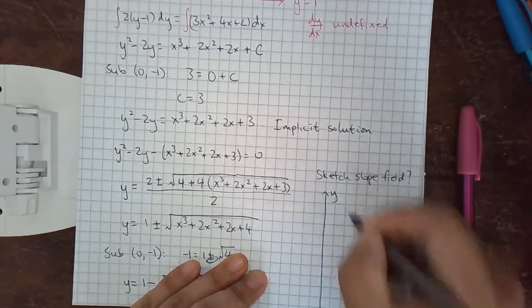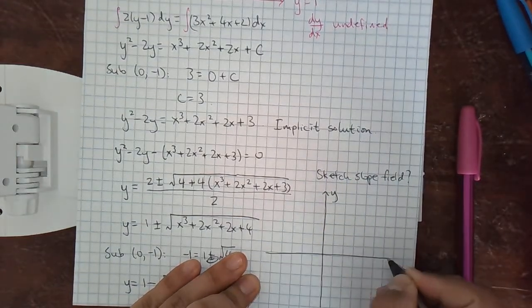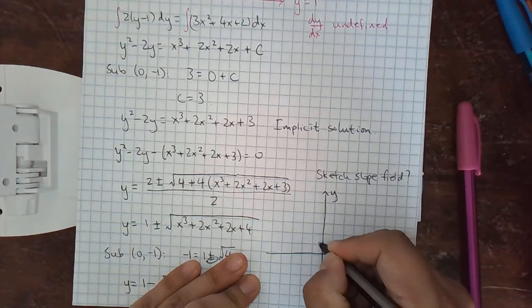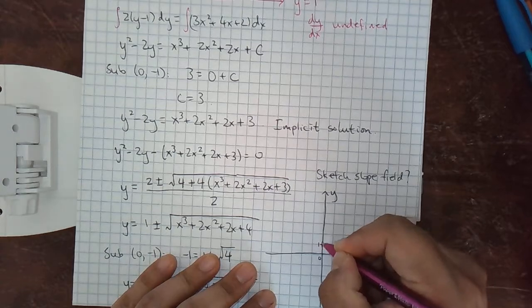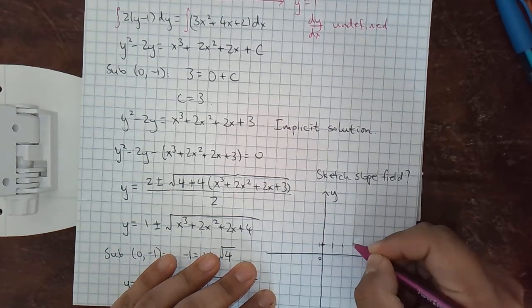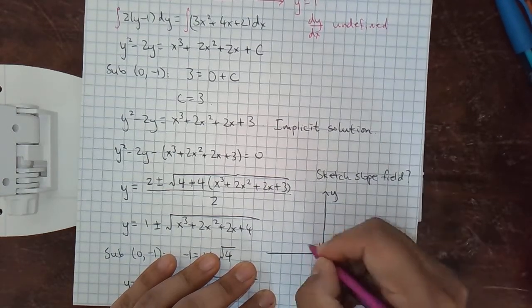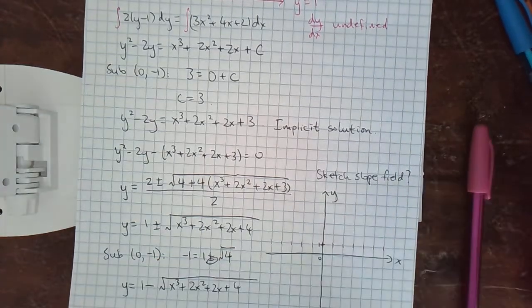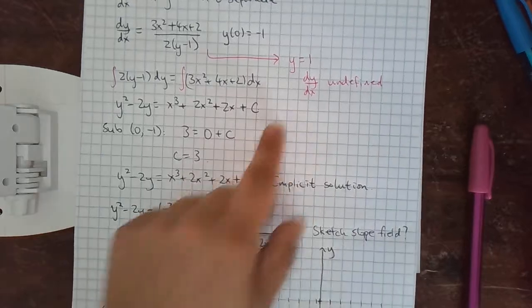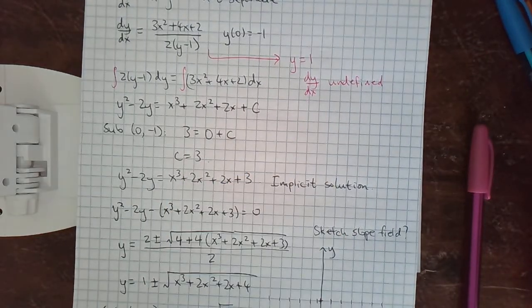Let's see, here's y. Here's x. Okay, so when y equals 1, I have undefined slope, so I just have little vertical lines. Okay. And then, I don't know, maybe I can get the sign of the slope.